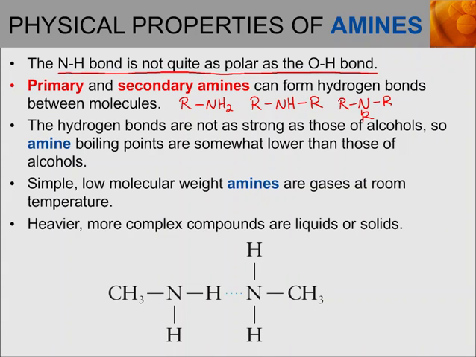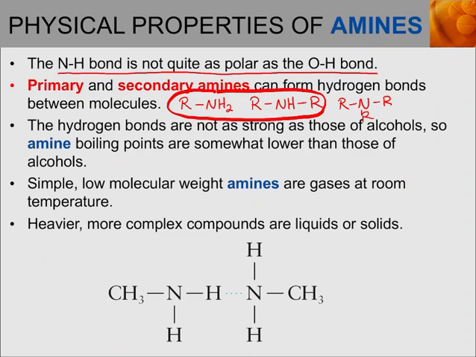So primary and secondary amines have hydrogens that are available for hydrogen bonding. Tertiary amines do not have a hydrogen, so they cannot hydrogen bond with other tertiary amines. But we'll see later that you can actually still hydrogen bond a tertiary amine as long as the other amine has a hydrogen available.